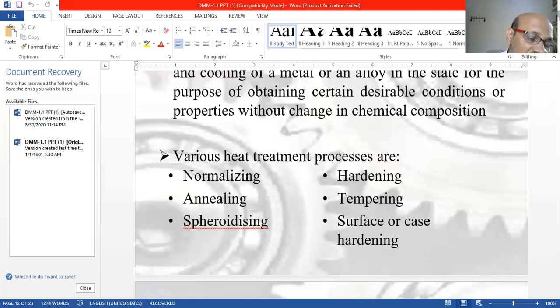Next is quenching. We know very well that quenching is nothing but sudden dipping into water. It is done in a suitable cooling medium like water, oil, or brine solution.